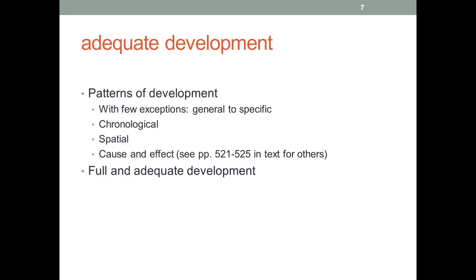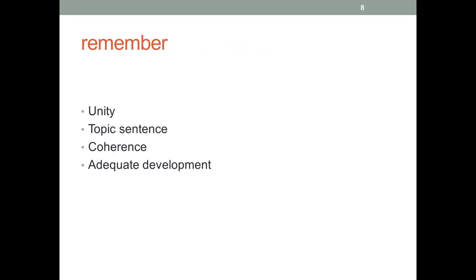But writers tend to lump everything about an idea into one paragraph, and that makes these horrendous long paragraphs. So adequate development, but make sure you're covering only one topic per paragraph. Okay, so we're going to remember the four elements of a good paragraph: unity, topic sentence, coherence, adequate development.